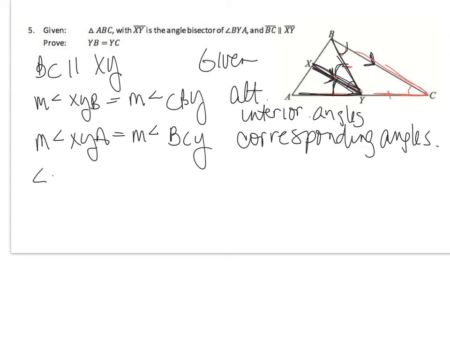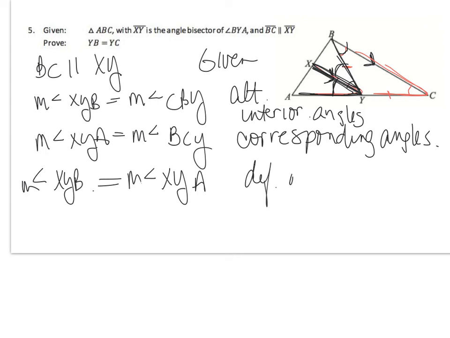The measure of angle XYA is equal to the measure of angle XYB. Definition of angle bisector.